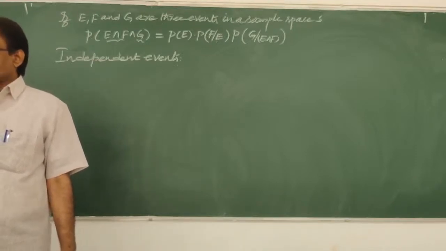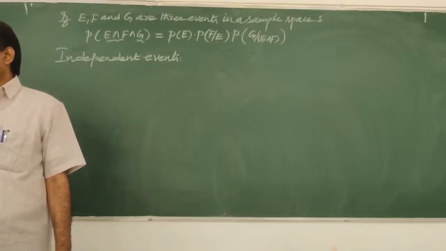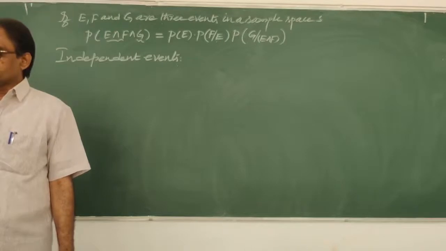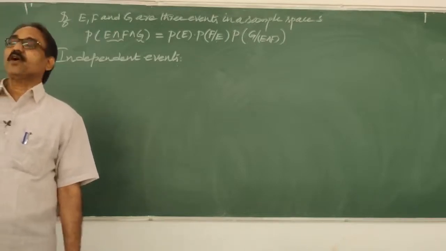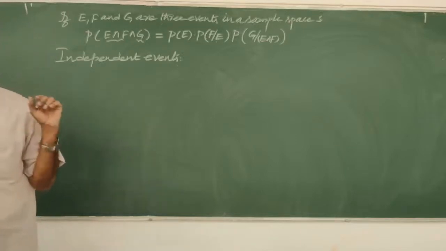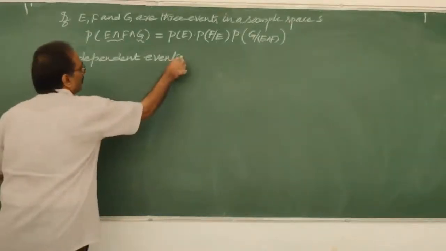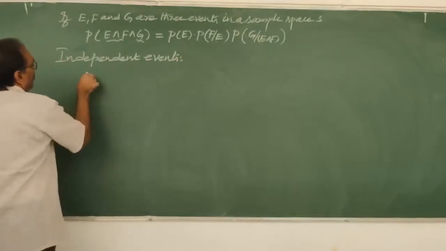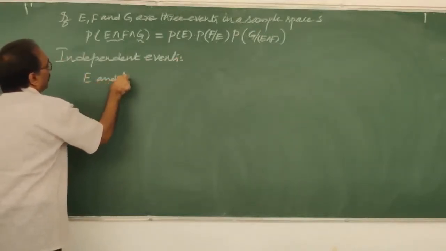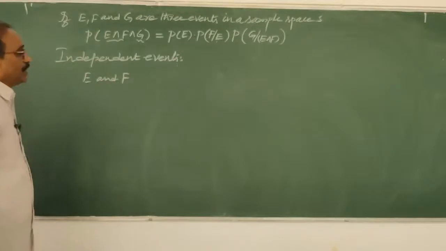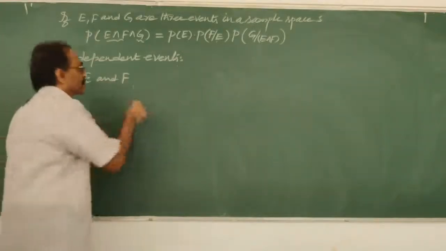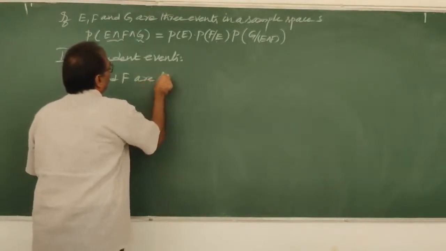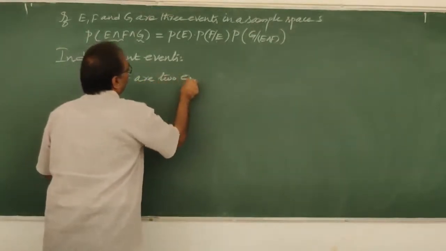Definition: E and F are two events such that the probability of occurrence of one of them is not affected by occurrence of the other. Such events are called independent events. So write the notes neatly.